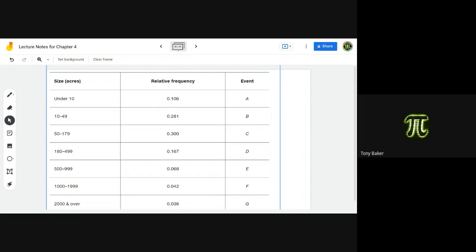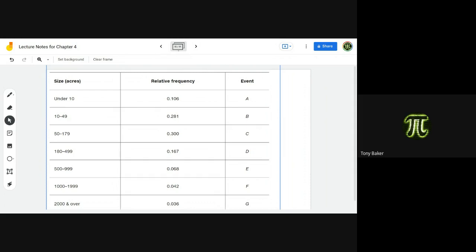So now technically I can ask you any questions I want, any events, and we can add them all together. What is the probability that somebody is going to, what is this actually? Is this acreage? Size of farms, yeah. So what's the probability that I'm going to find a farm with over 1,000 acres? 0.078.